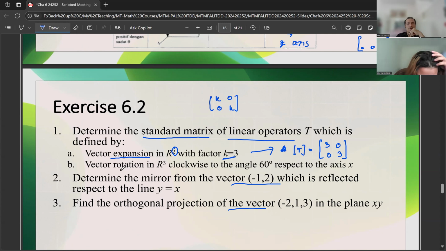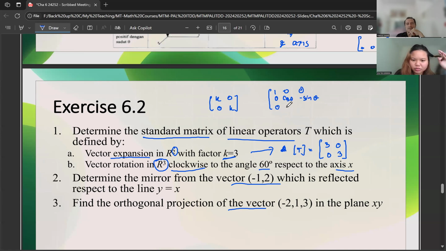Now, vector rotation in three dimensions, clockwise. The angle is 60 degrees with respect to the x-axis. So you must know the formulation. It is 1, 0, 0, because it is about the x-axis, then 0, cos theta, minus sin theta, and 0, sin theta, cos theta.